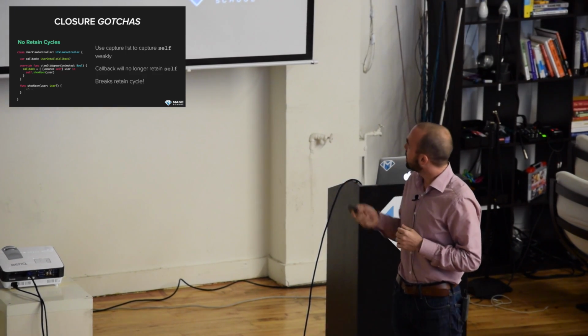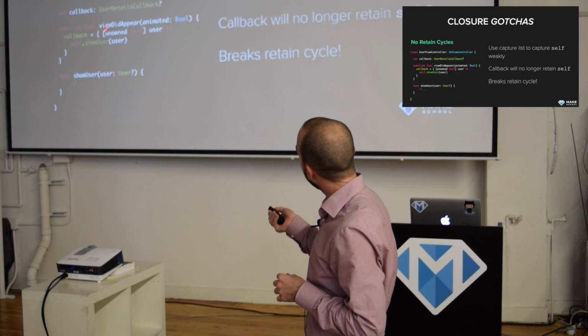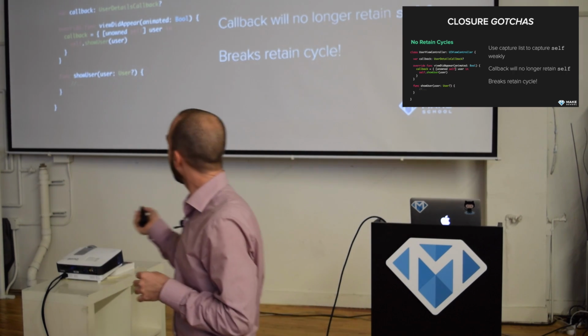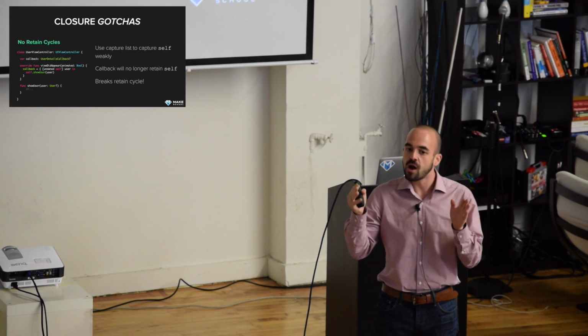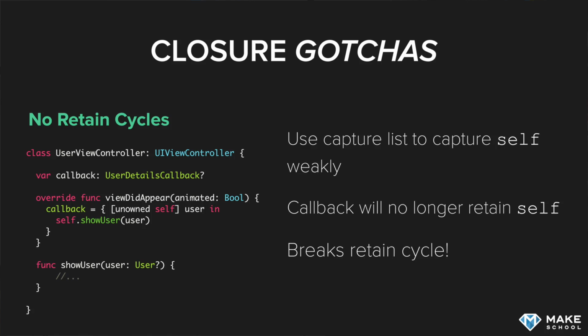So what you have to do as a countermeasure is use unowned self as part of the closure. That here in the square brackets is what we call a capture list, and it allows you to define how you want to capture things of the surrounding scope. In this specific case, you say, I want to capture self, but I want to capture it as an unowned variable.